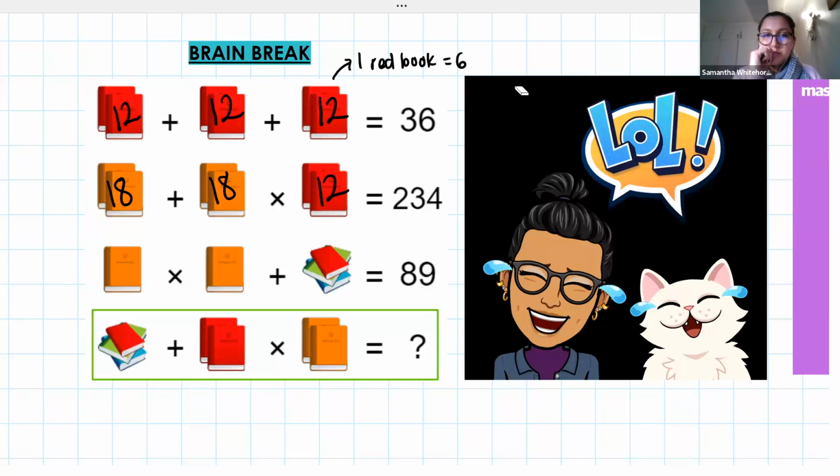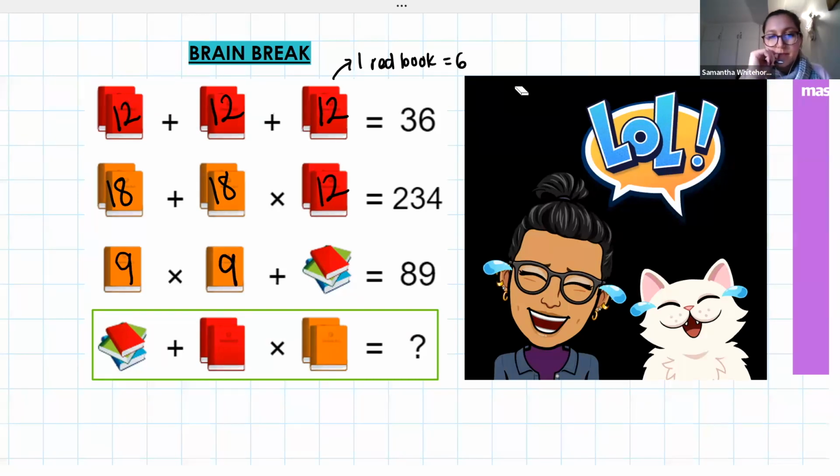Then I said 18 plus 18 times 12, which gave me 234. And then I saw that one orange book would be 18 divided by 2, meaning one orange book would equal 9. Good.